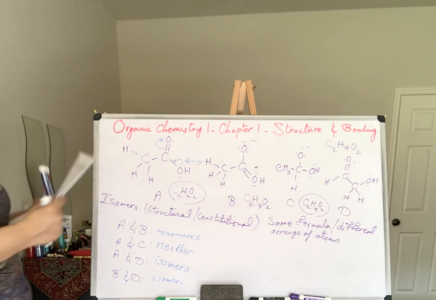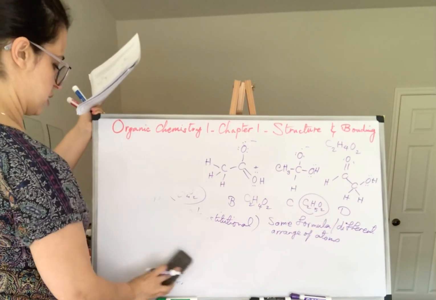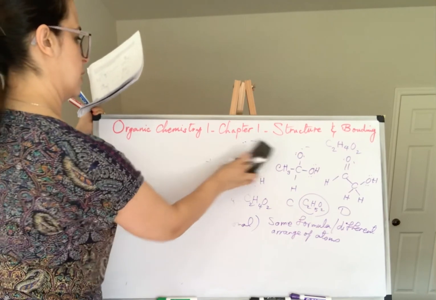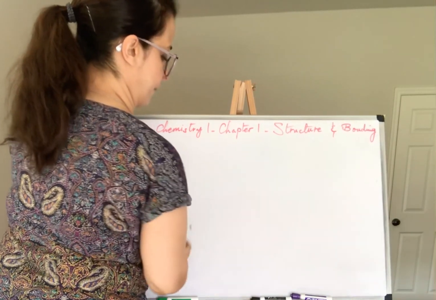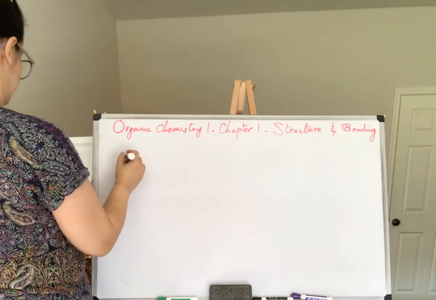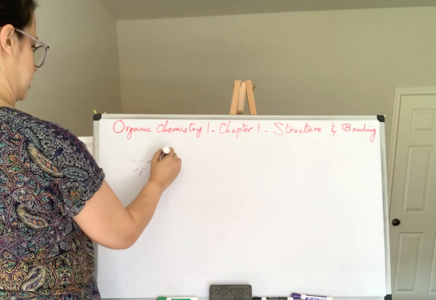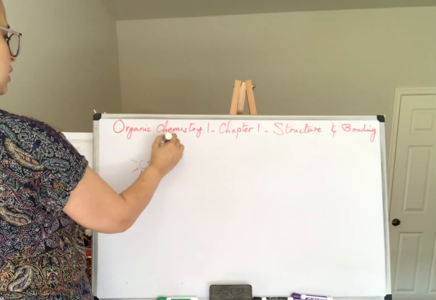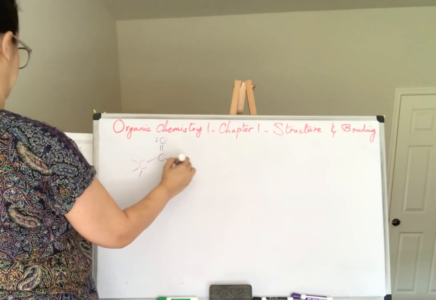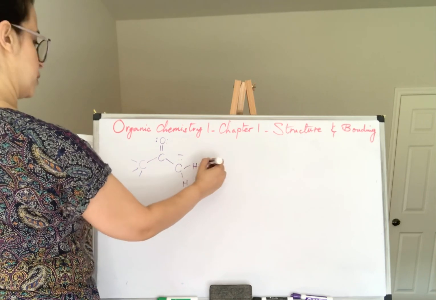Before we finish this video, let's work a little bit more on determining the major Lewis structure on page 9. Allow me to skip drawing the hydrogens to save time. What are we supposed to do here?